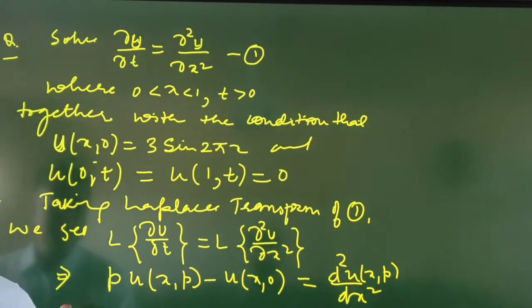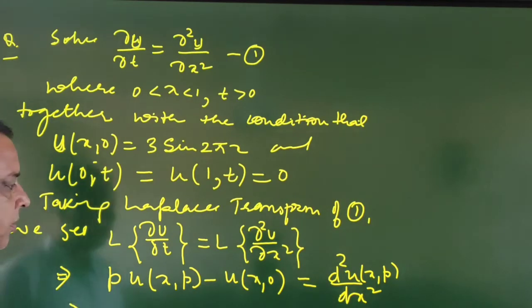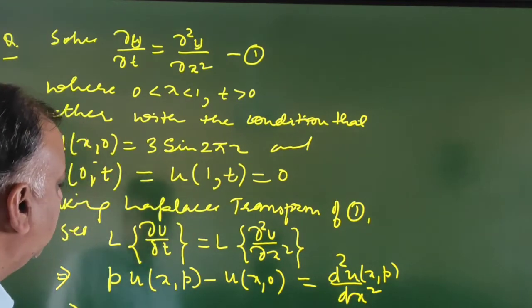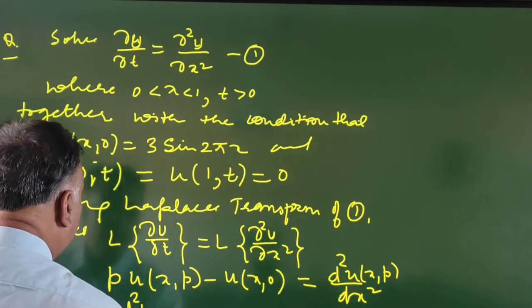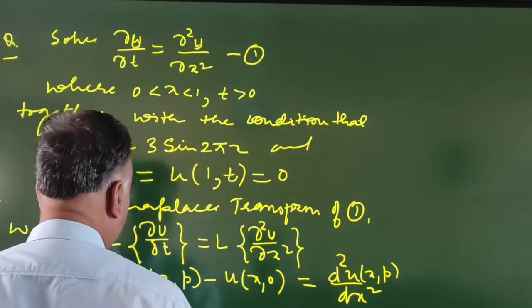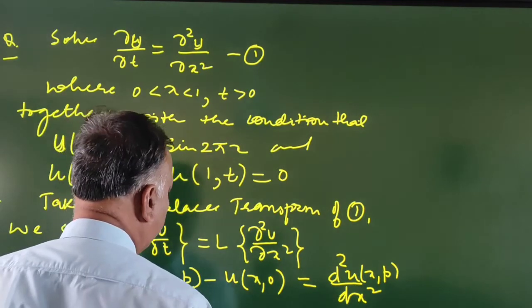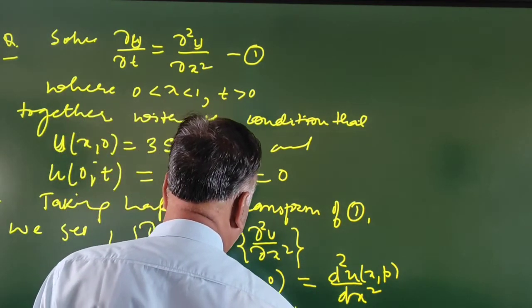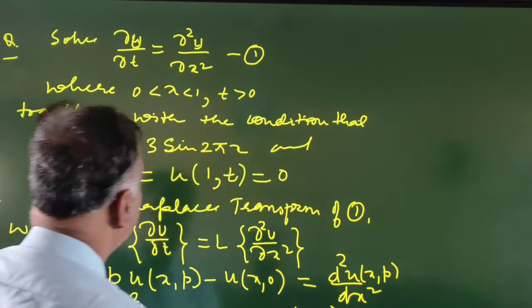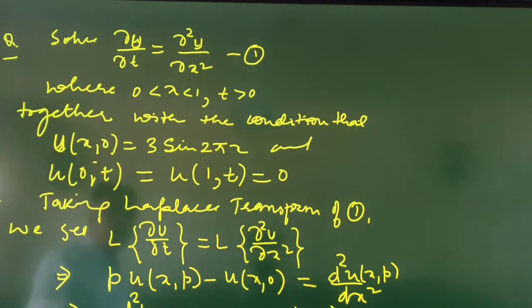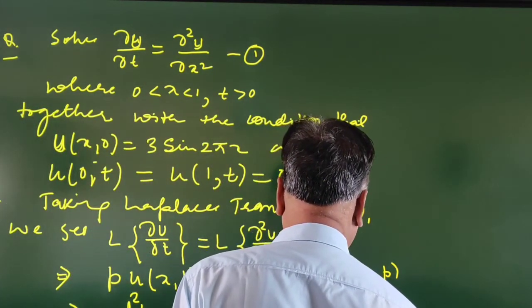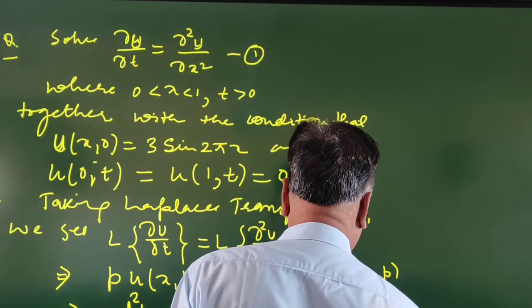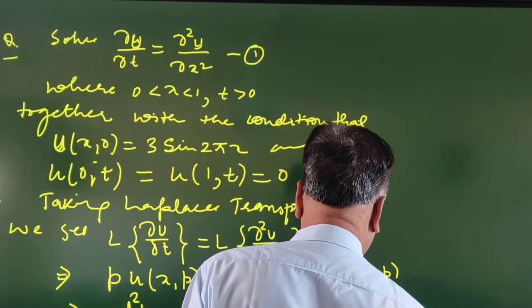Now writing this equation, d²ū/dx² minus p ū equals minus u(x,0). Here u(x,0) is given as 3 sin 2πx, so this equals minus 3 sin 2πx. Call this equation 2.